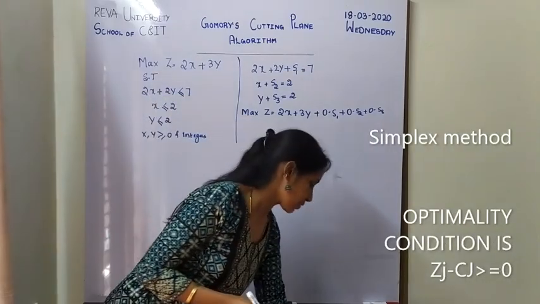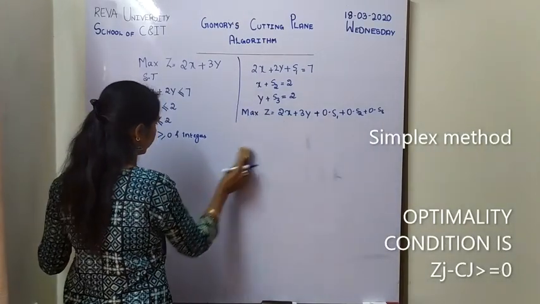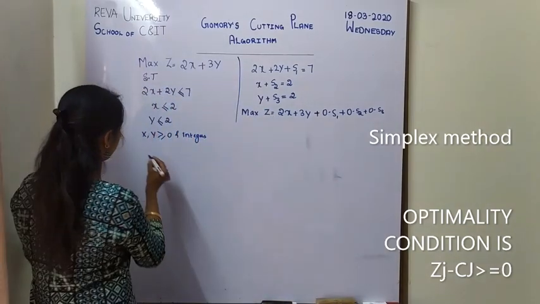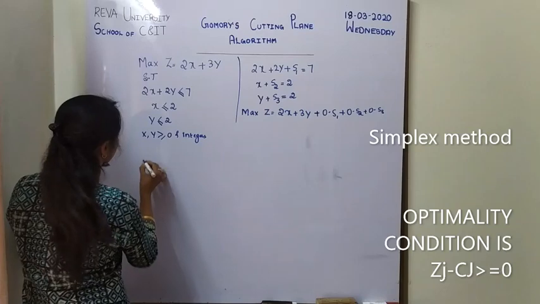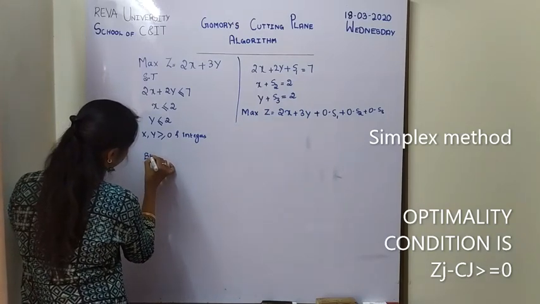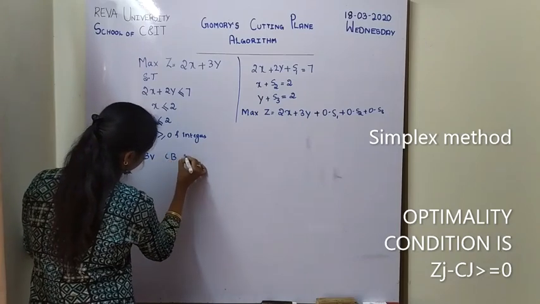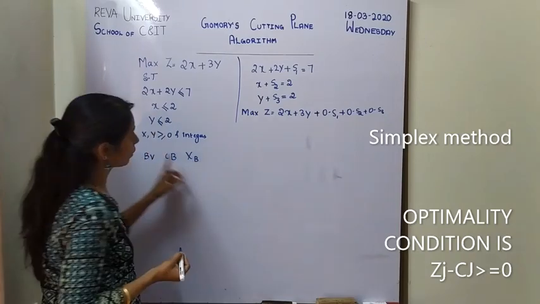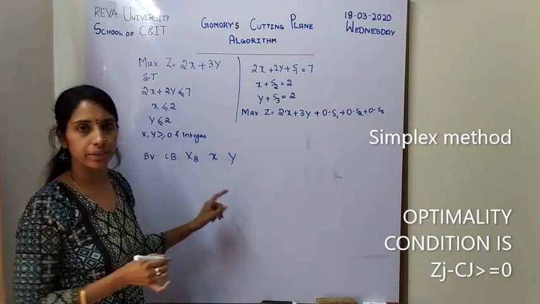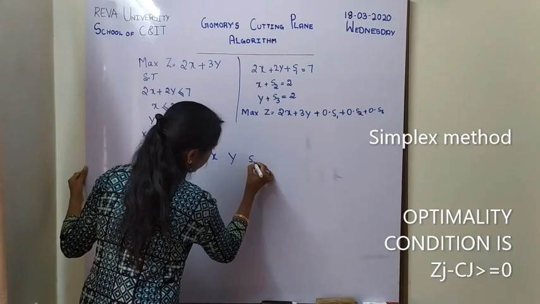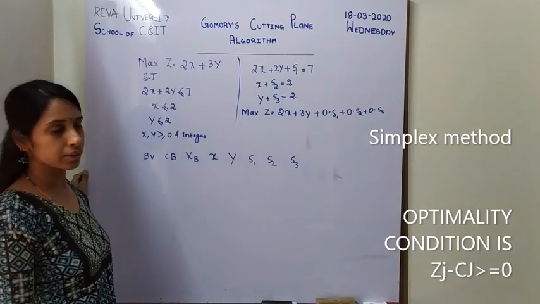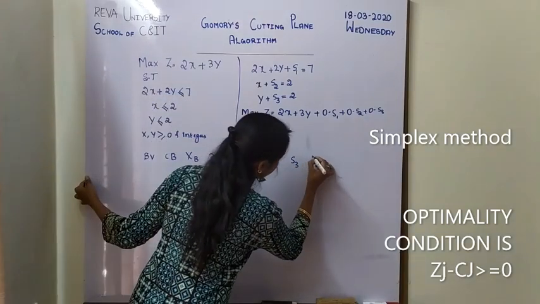Now, as we used to do, you write a simplex method table. It begins with BV, CB, XB, your variables X and Y, then your slack variables S1, S2, S3, and the last column will be the minimum ratio.